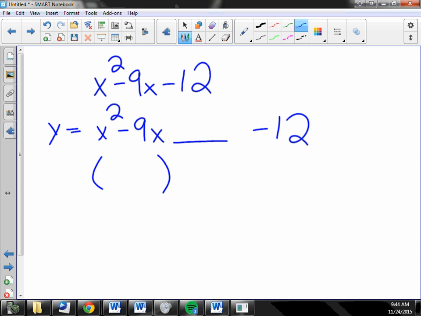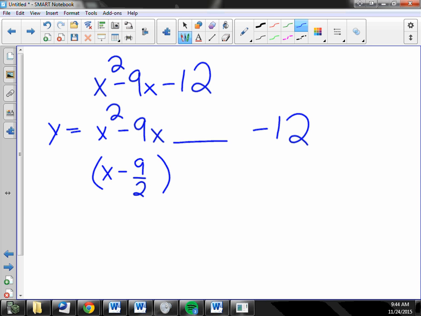And you can use 4.5, but it's usually easier to use the fraction. So x minus 9 over 2. And it's easier because fractions are much easier to square than decimals.